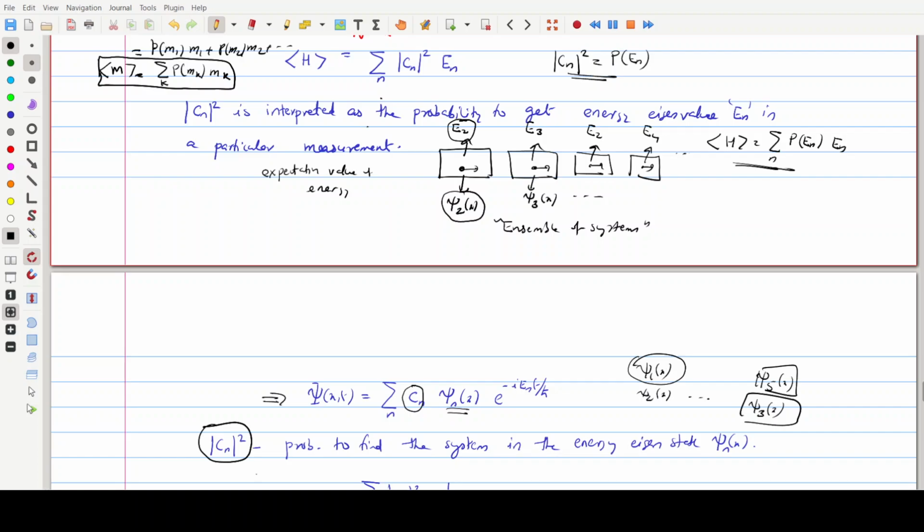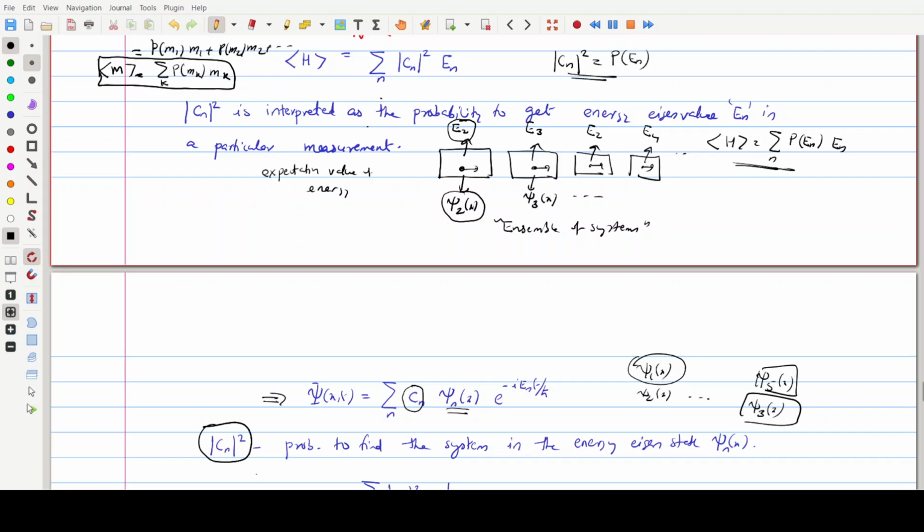So this Cn plays a major role in the calculation of expectation values, because in any kind of expansion, mod Cn square gives the probability to collapse the state into one of the eigenstates, or the probability to get the corresponding eigenvalue. This is only one example, where we have taken the energy eigenfunctions.